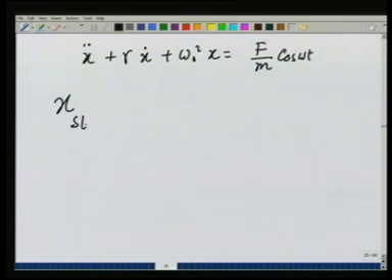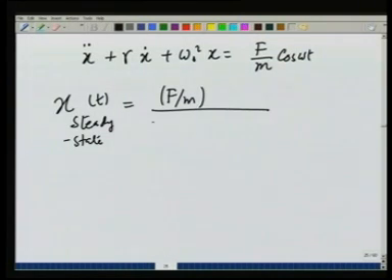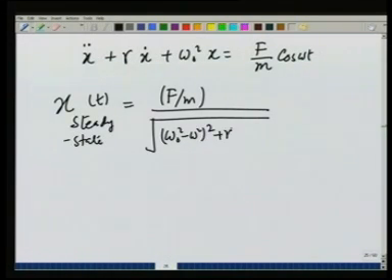Let me write it as x steady state to emphasize it as a function of time. It looks like f over m divided by square root of (omega naught square minus omega square) whole square plus gamma square omega square, times cosine of omega t minus phi. This is a complete solution.